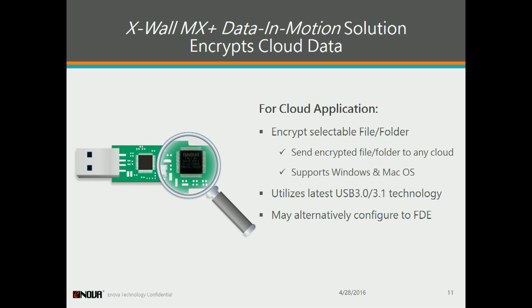That would allow the user to select a particular file or folder to encrypt before the file is sent to cloud storage, such as Google Drive or SkyDrive or Dropbox, for example, so that we secure your entire cloud applications. And with that bandwidth encryption capability, we can even encrypt the entire VMware image before the VMware image is sent to the cloud for operations.